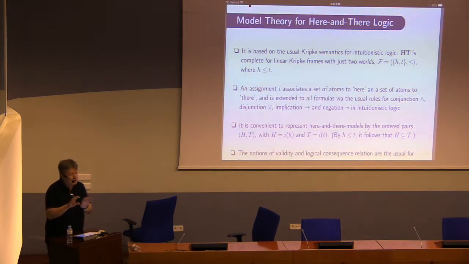So things that are in H are in T. I like to think of them as true by default. If something's not in T, then it's false. So it's essentially a three-valued logic. But it's also a logic that extends intuitionistic logic, so you can use Kripke models too, and very simple Kripke models. We just have two worlds, here and there.